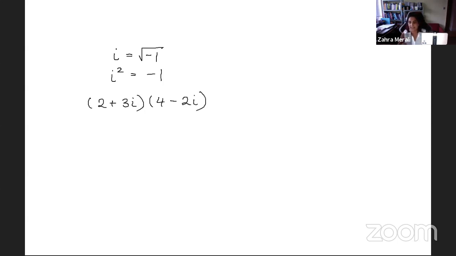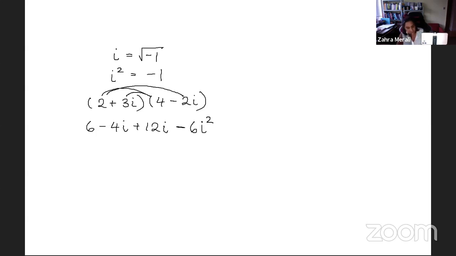So in exactly the same way as you'd open brackets out, you do 2 times 4 to give you 8, 2 times minus 2, so minus 4i. So I've got this times that, that times that. 3 times 4 to give you 12i. You've got a plus and a minus, it's going to make a minus. 3 times 2 to give you 6. And then you've got i squared.